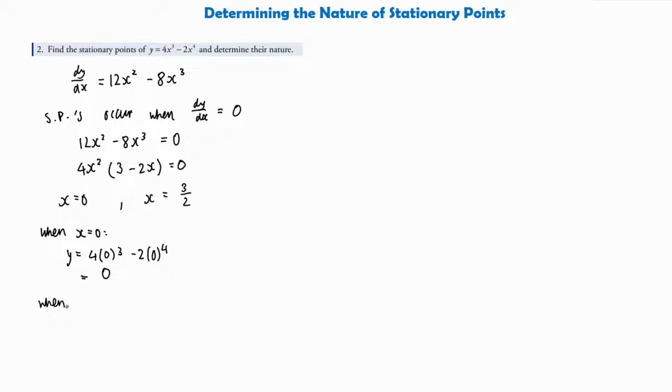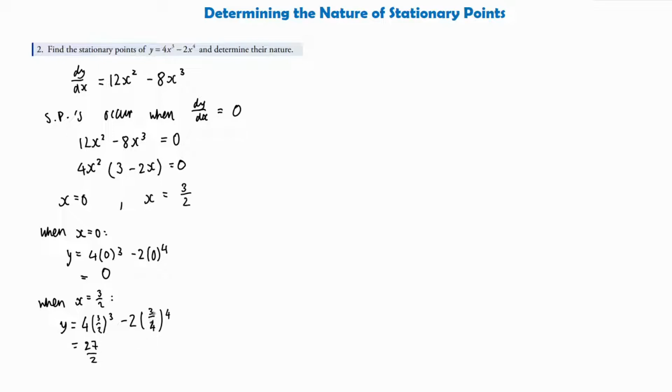And then also when x is equal to 3 over 2, we're going to get y is equal to 4 times (3 over 2) cubed minus 2 times (3 over 2) to the power of 4. And to do this, we can see that (3 over 2) cubed is going to be 27 over 8, I think.